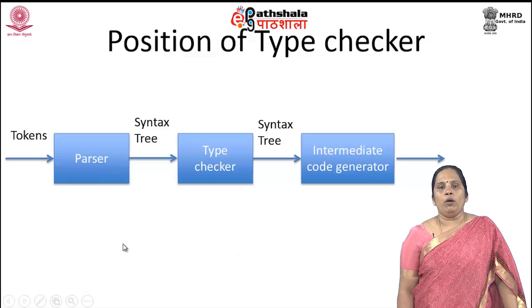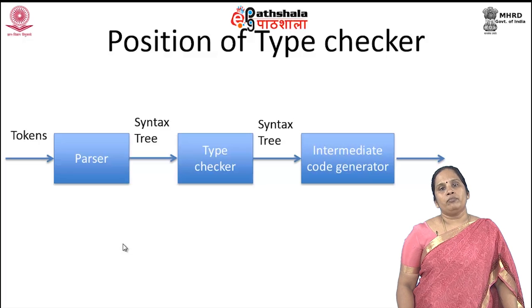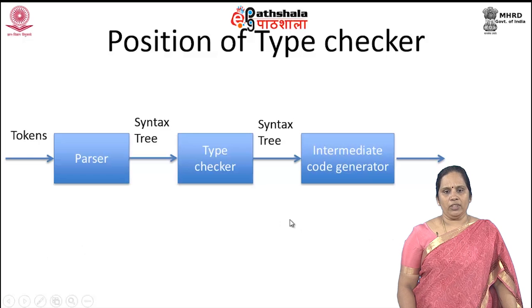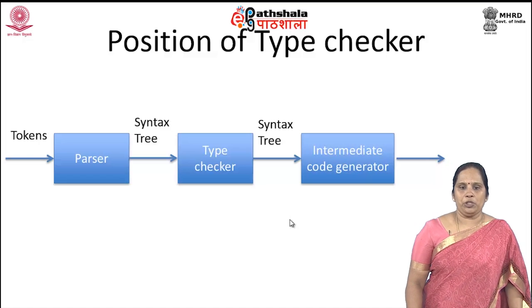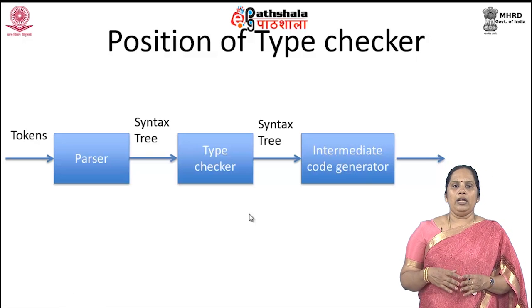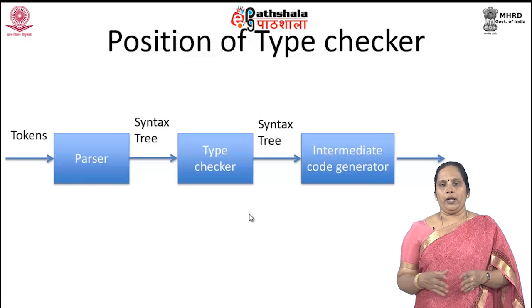In this module we will be looking in more detail at type checking rather than at the other flow of control checks, the uniqueness check or name related checks. Name related checks can basically be identified easily as compared to type checking. So where will the type checker be available in the flow of the compilation process?